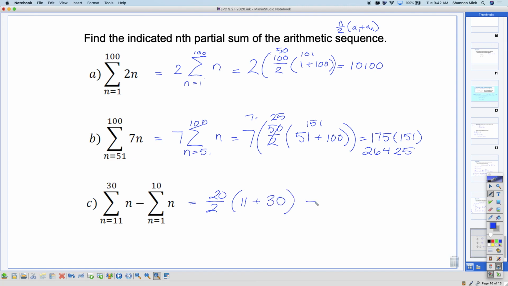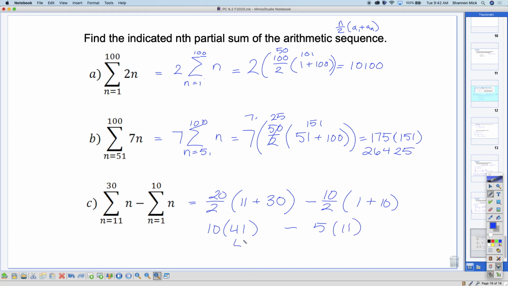Minus. So 1 to 10 is 10 over 2. First term is 1. Last term is 10. So this is 10 times 41, minus 5 times 11.